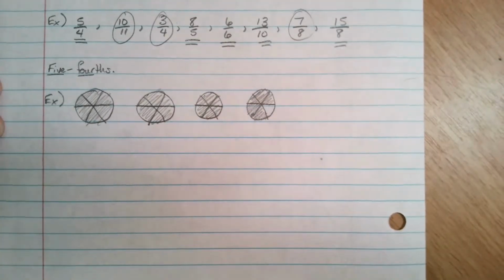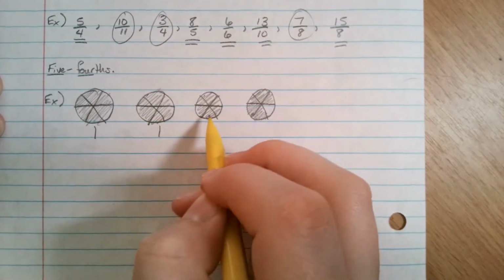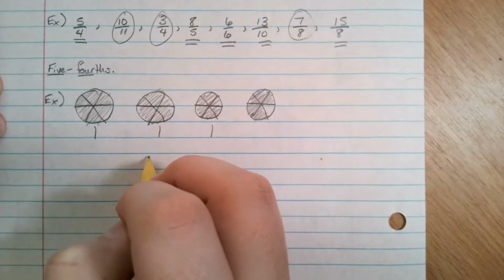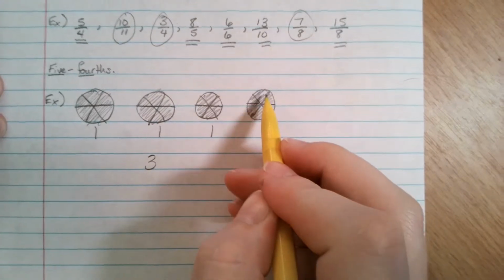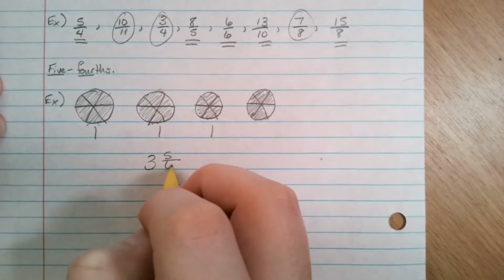And we are to give the mixed number for this shaded portion. So we have 1 whole, and 2 whole, and 3 whole, and 1, 2, 3, 4, 5 pieces out of 6 of the remaining.